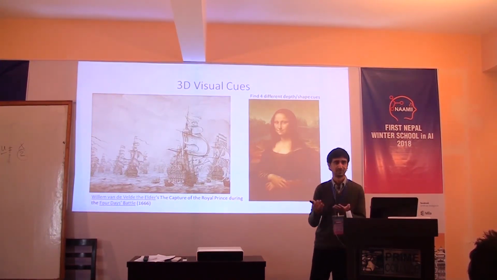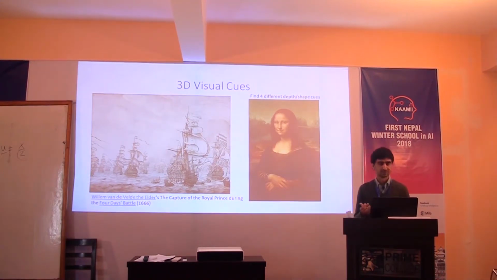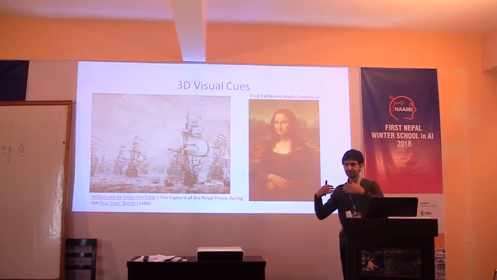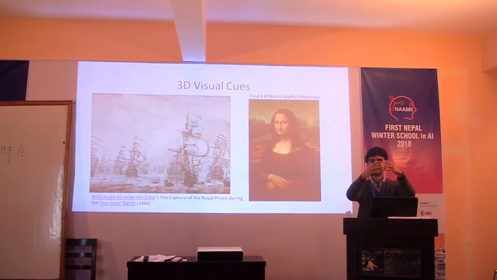So computer graphics is the inverse of 3D vision in a way, because in computer graphics you are trying to render objects from 3D and make realistic images. And in 3D vision, you have real images, and you want to get very nice 3D models.